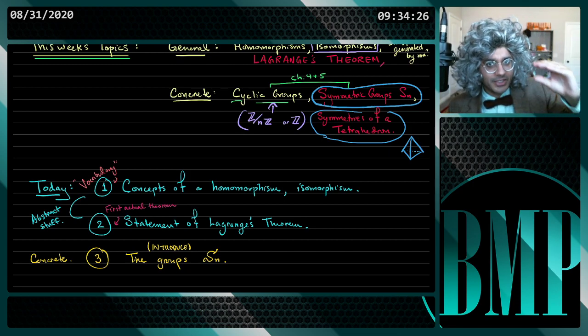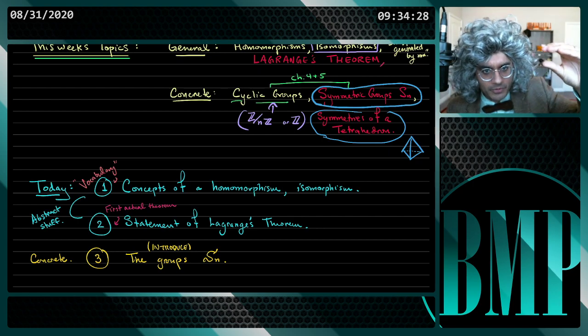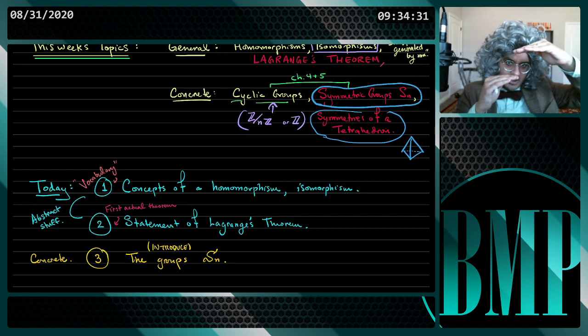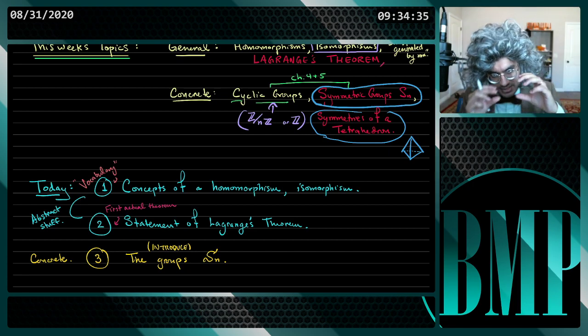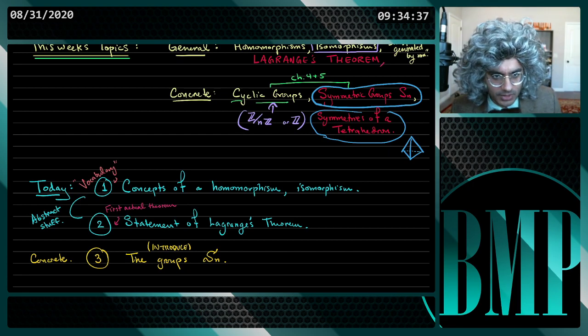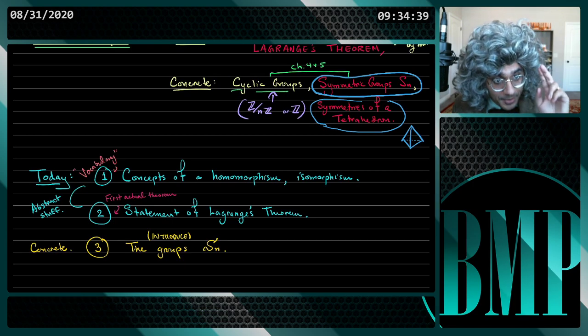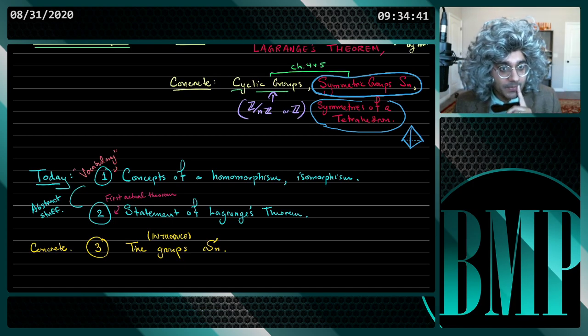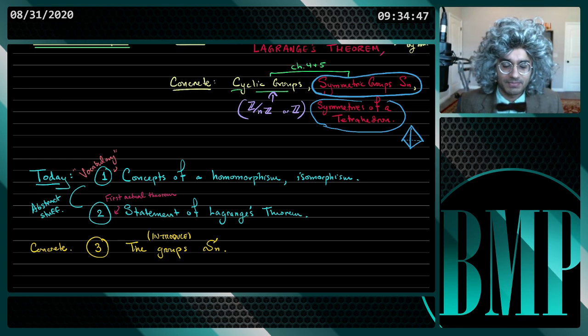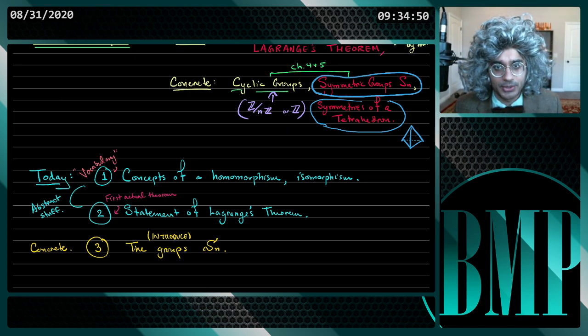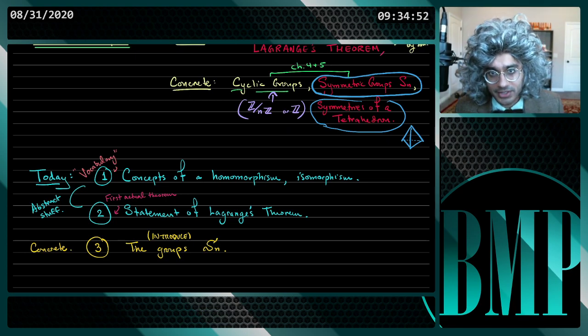Lagrange's theorem has nothing to do with homomorphisms and isomorphisms. We're doing two parallel abstract things. So Lagrange's theorem is its own little segment this week, and then at the end we'll do concrete stuff, like I'll show you what the group S_n is as an object, and then we'll multiply two elements and see what it feels like.